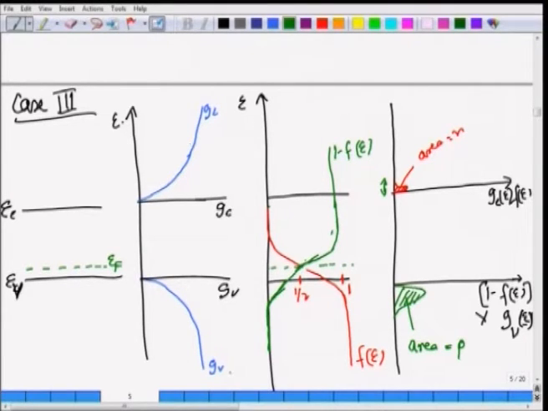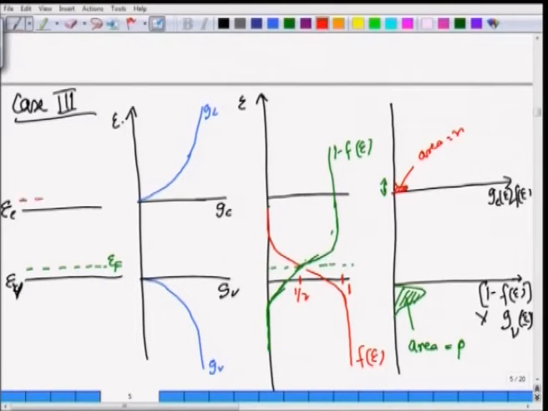Second thing to notice is that electrons will not live exactly at E_C, because the density of states is 0 there. Electrons live only slightly above the conduction band edge, only in the small region right here.